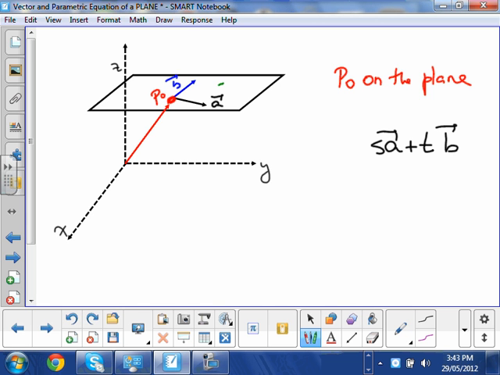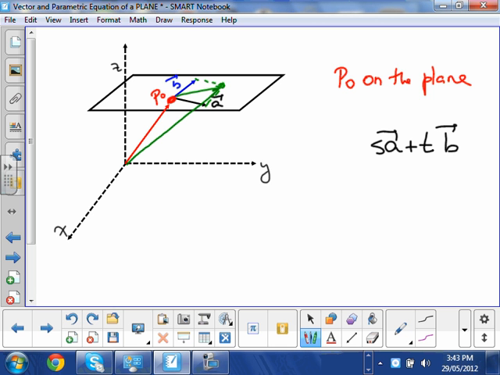Well, exactly what I did before. I will make my A and B bigger or smaller, multiplying by scalar. I'll do the diagonal of the two vectors, and then to get to that point, I need this position vector.